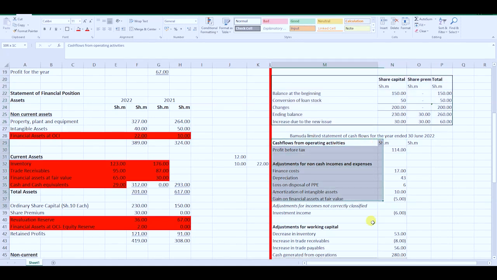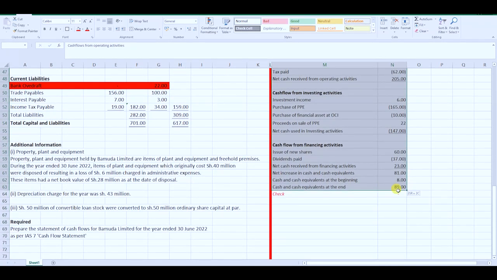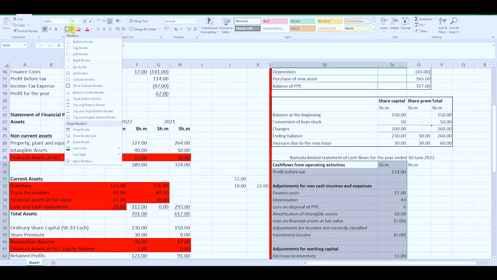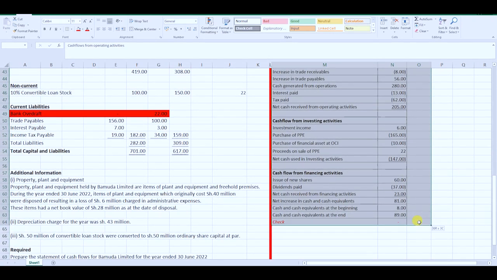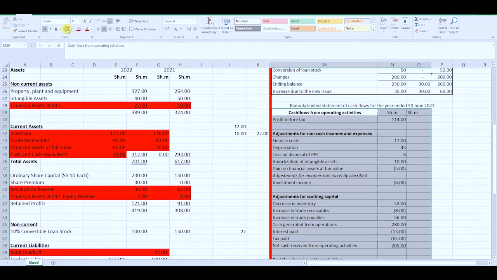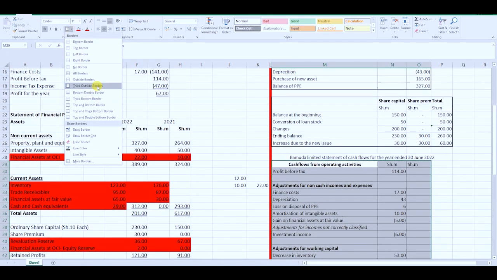So this is it, the summary ends right there. You can decide to put the outside format there, and then the outside border over here. This should be at the center, so we just put center like that. Then this one should reach at that point there, and then we put the thick outside border.